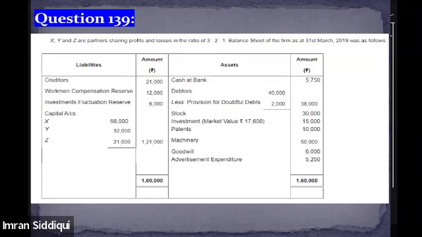You will distribute it among the partners in the ratio of 3:2:1. So 3 by 6 should be 5625. Okay, so I have recorded the right value, but I haven't considered that it has been reduced by 750. Never mind.